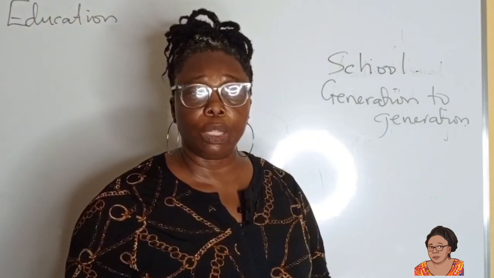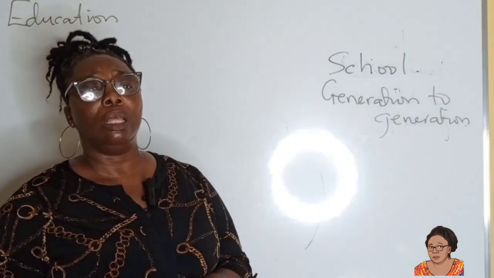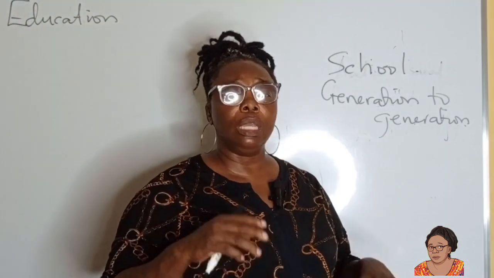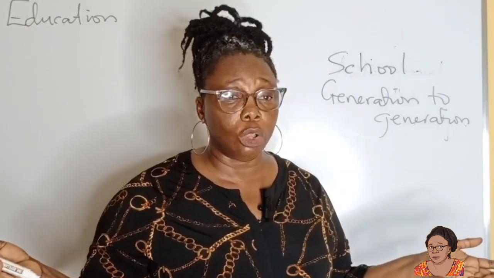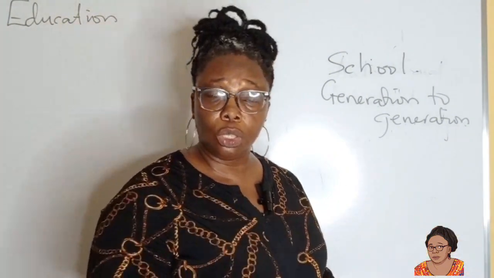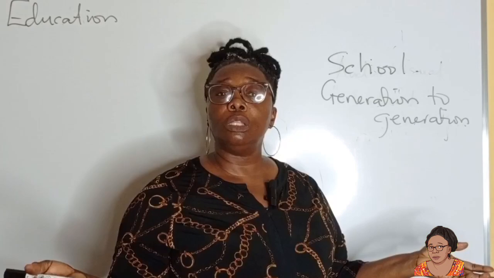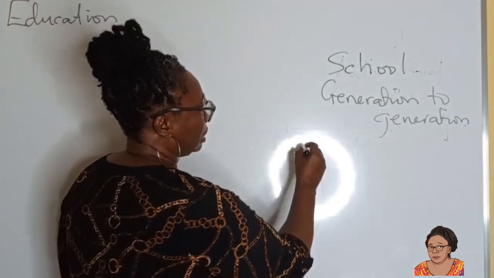At times you teach somebody that is younger than you. So it doesn't have to be generation to generation. We do a lot of teaching, learning from people that we are older than. When I first learned to use the computer, I was taught by my 9-year-old niece. Because she's younger than me, did I not learn from her? That is education.